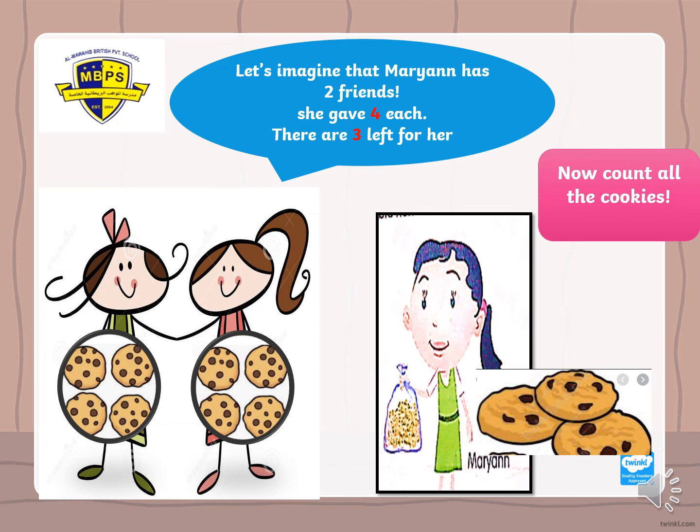How many cookies in all? Very good, 11 cookies. So we can say that Marianne has 11 cookies. Why? Because if we have 11, we share it between 2. We are going to give 4 to each one, and there will be 3 left over, because 8 and 3 make 11.